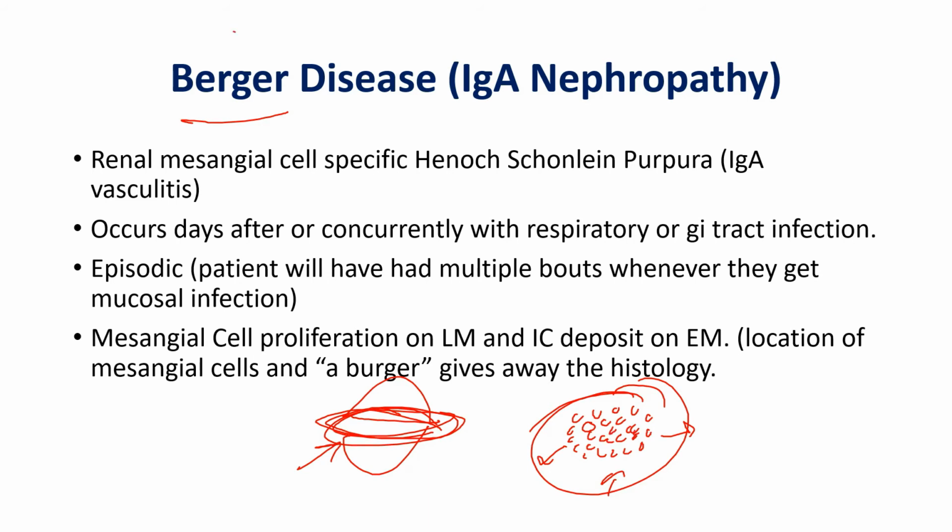That helps me to remember, okay, when I look at Berger disease, I think of a hamburger, and that's in the middle of the sandwich. So we're dealing with mesangial cells, so you could think it's in the middle. You can also think M for middle, mesangial for middle. So we're having proliferation of those middle cells, the mesangial cells. And when you zoom in further, you're going to see immune complex deposit at these mesangial cells.